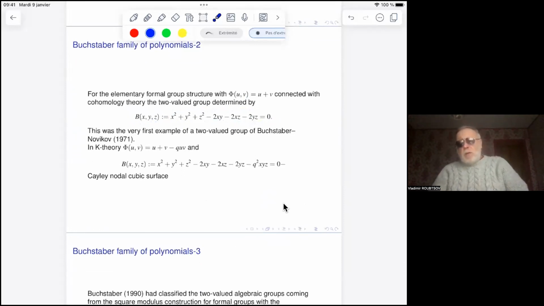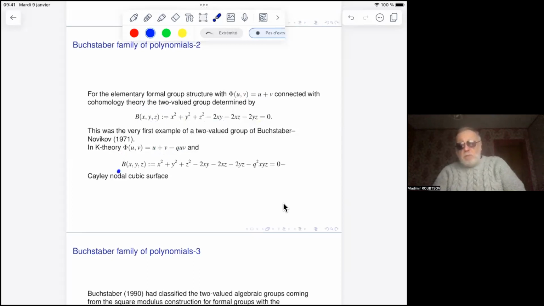So it was the first example of a two-valued group which Novikov and Buchstaber considered in topology in 1971. Then if we consider the initial formal group u plus v minus q u v, where q is a complex parameter, they used such a group in cobordism theory, considering an extraordinary cohomology theory.